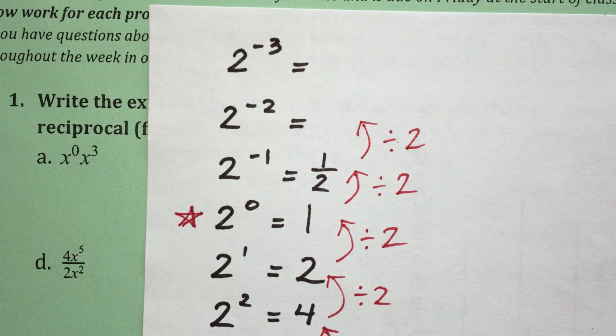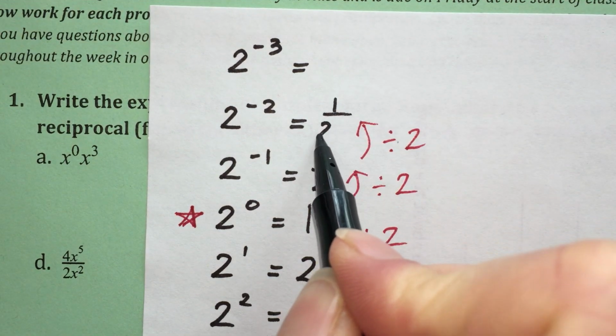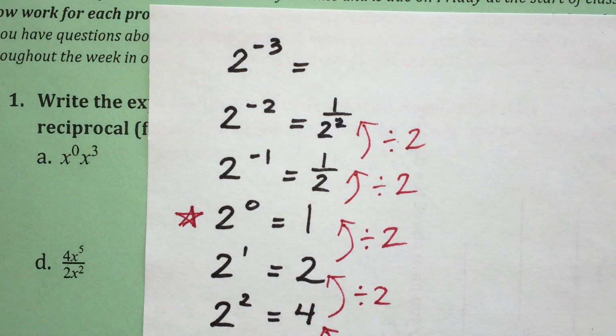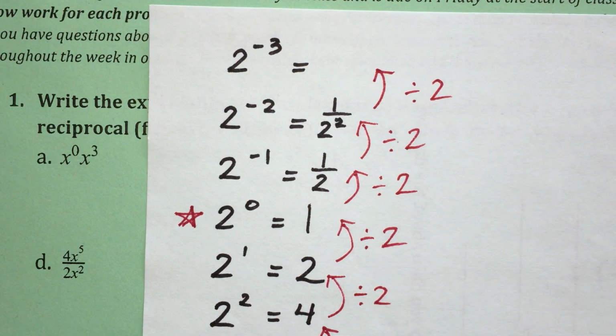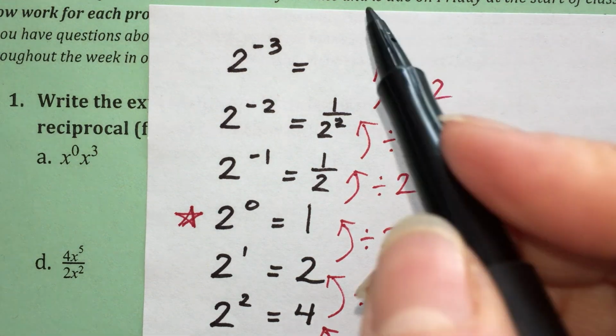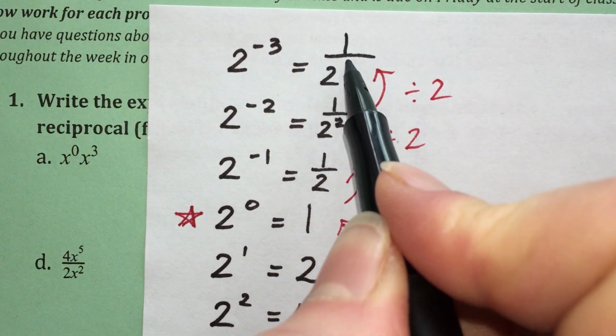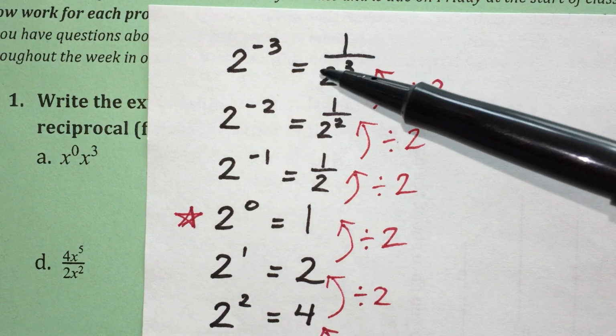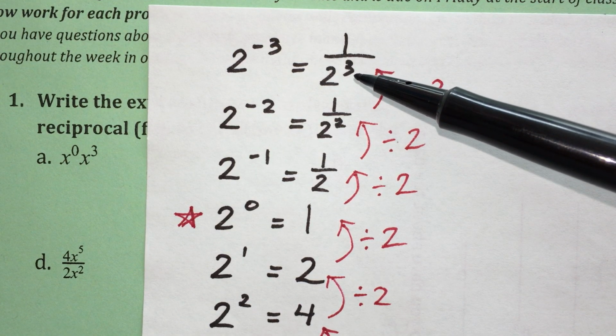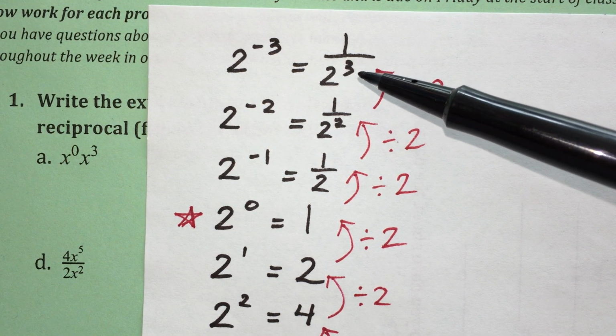This is the same as 1 over 2 squared. And our last one is 1 over 8, or 1 over 2 to the third. So the number in the exponent stays the same. It's still 3, right? But it's in the denominator and the negative goes away. Keep this all in mind.